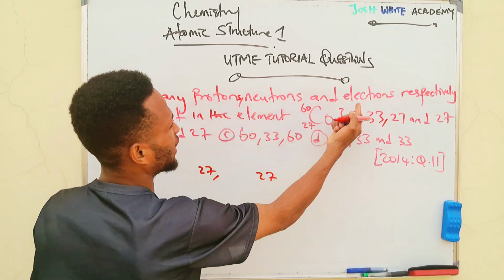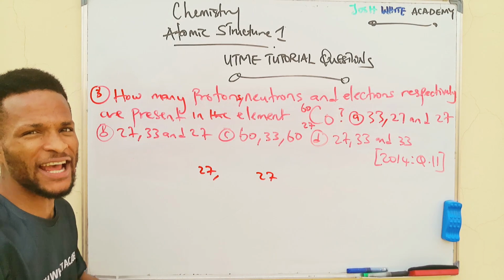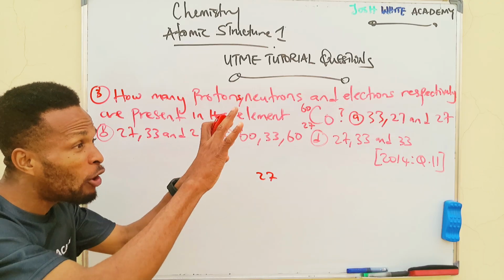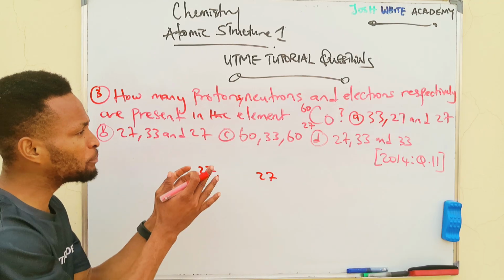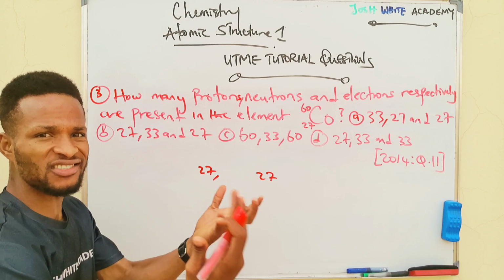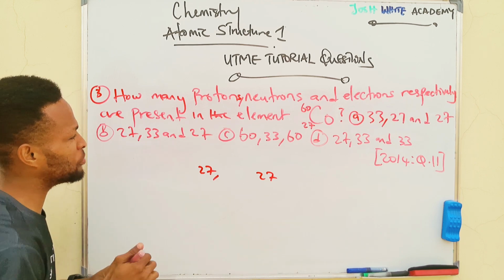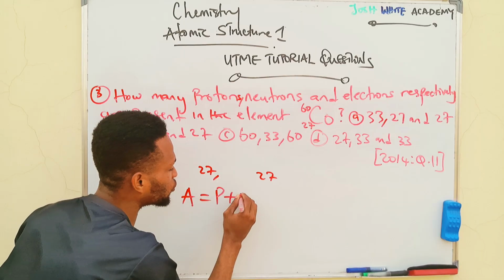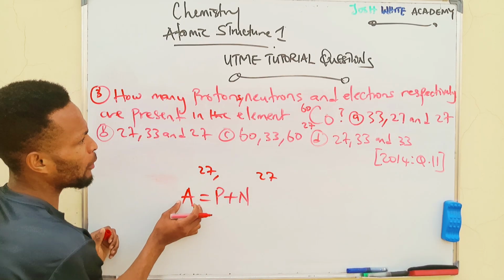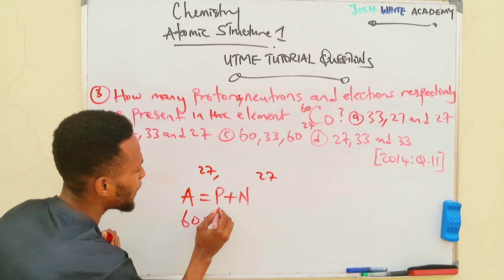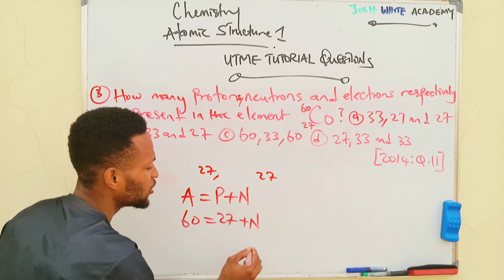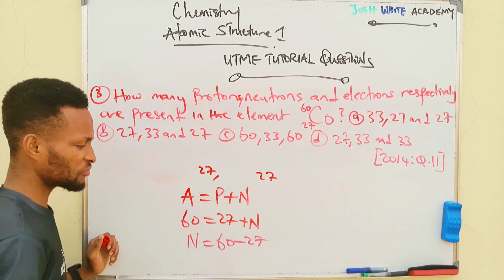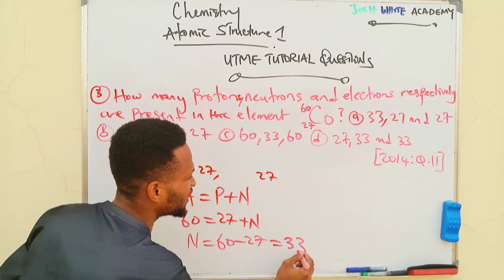Or it's proton and electron. Then neutron. Remember we said the mass number is the number of the nucleon. That means proton plus neutron will give you your mass number, where the mass of an atom is concentrated. So our mass number A is equal to proton plus neutron. Our mass number is 60, our proton is 27. So if we collect like terms, our N is equal to 60 minus 27. This will give us 33.